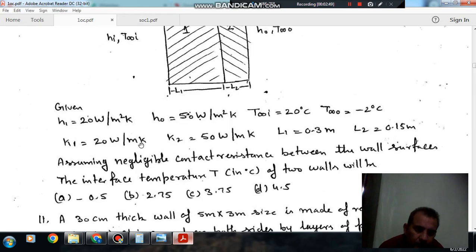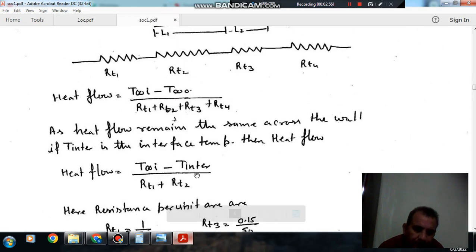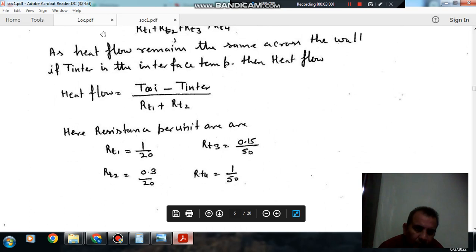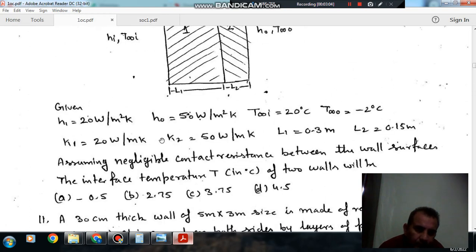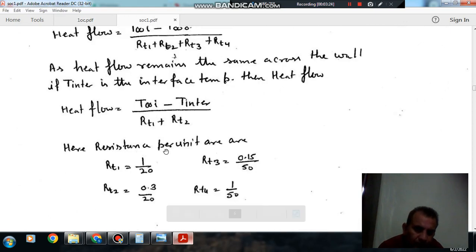The value of h is given, so if we take area as 1, then RT1 will be 1 by 20, and RT2 will be L1 by K. So L1 is 0.3 by 20, and L2 is 0.15 by 50, and this is your 1 by h_o, so 1 by 50. So these are the four resistances.